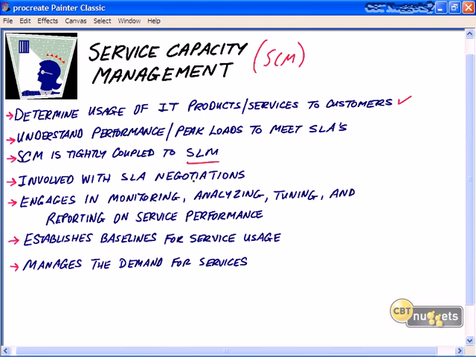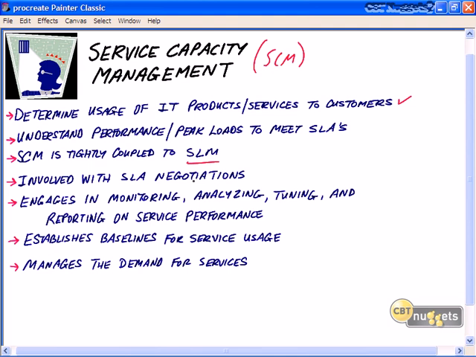Service capacity management can be found in the service design and continual service improvement books of the ITIL. The goal here is to understand performance and capacity of IT services, specifically as they relate to customers and users. Again, the resources used by each IT service, as well as the pattern of usage over time.